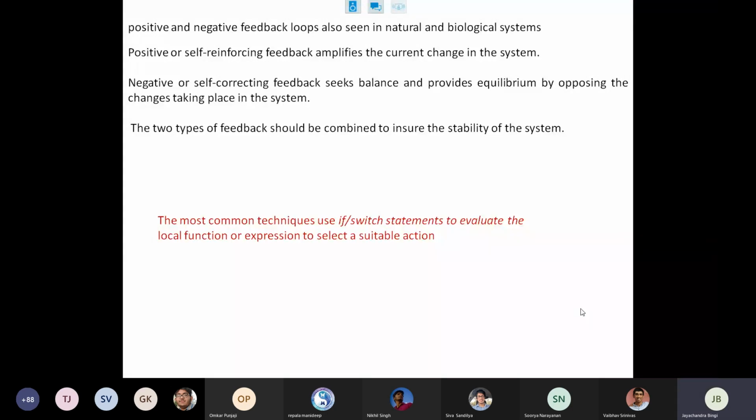What is happening inside is that the feedback loops are triggering different rules. Those are triggering different functionalities, appearing or changing with respect to time.